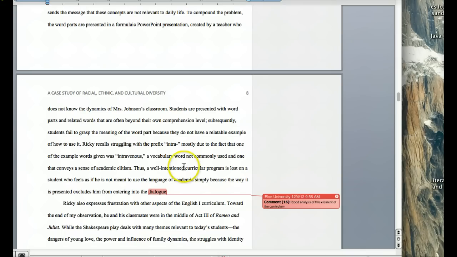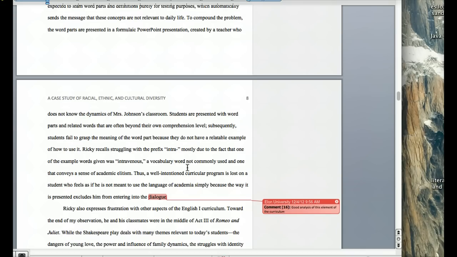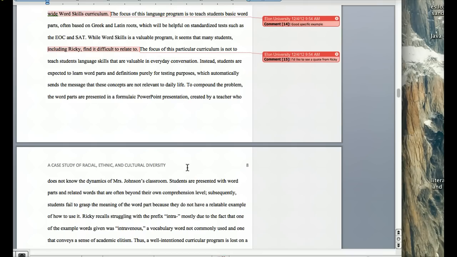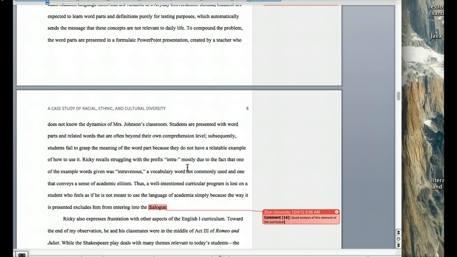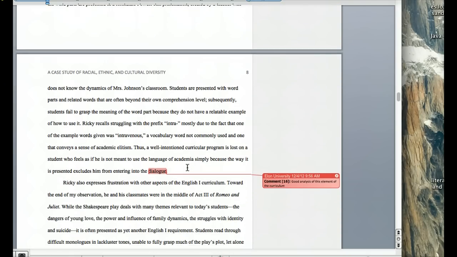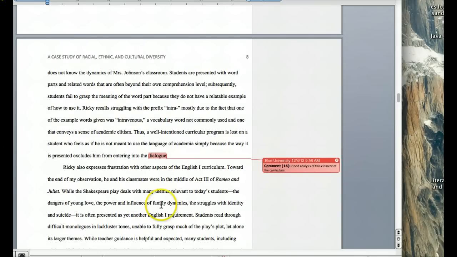It's a perceptive analysis, I think, of this word skills part of the curriculum. It's interesting that it feels detached and is not integrated with the regular flow of the class.